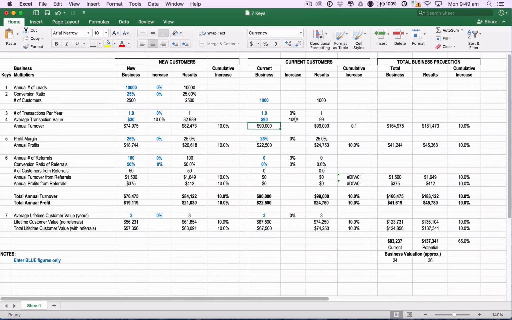So $90 transaction, 1,000 people buy one thing from you, so that's 90 grand in turnover. Make sense? Profit margin, if you're a half decent business, you're kind of running between 20 and 30, so let's just say it's 25%. And so your net profit, annual profit, is $22,500.